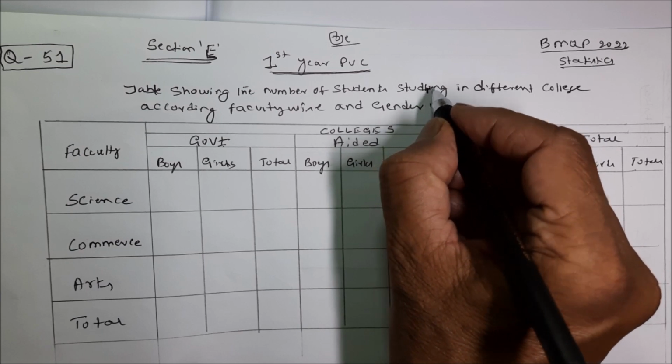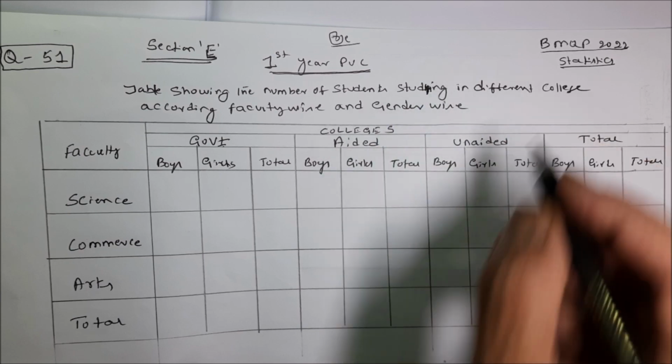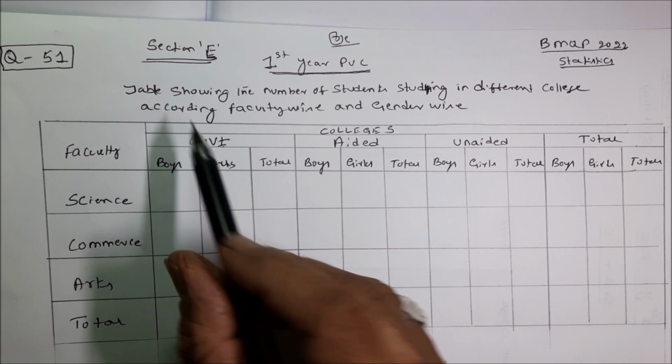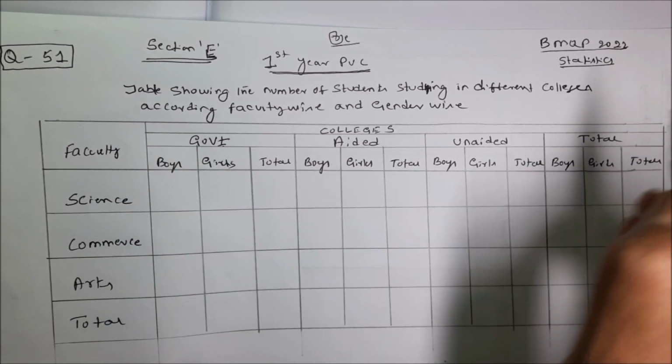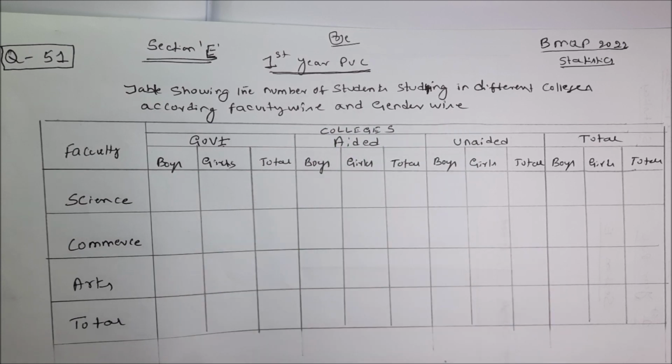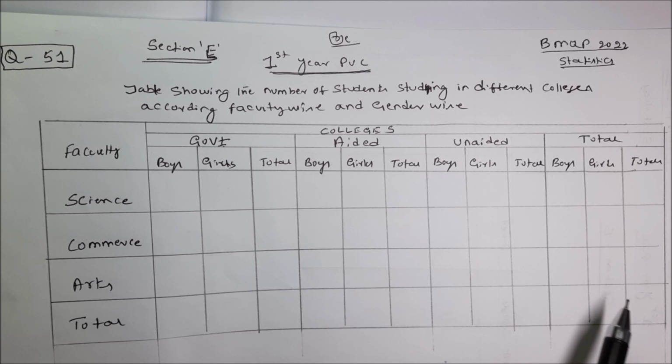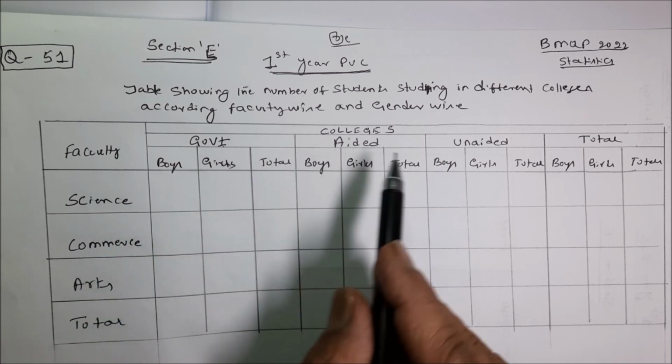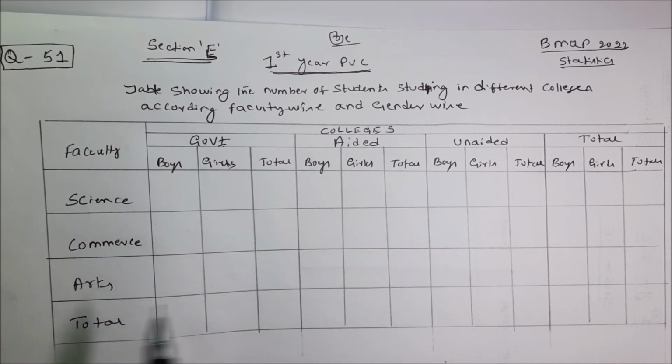Everything has been covered. This is how you have to do, whether it is something like this or any other thing. The names will change, but the format is one and the same.